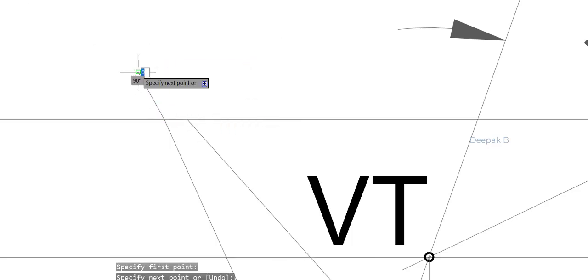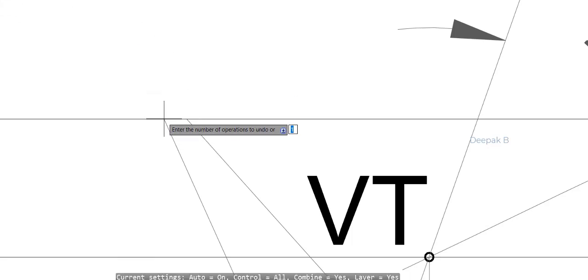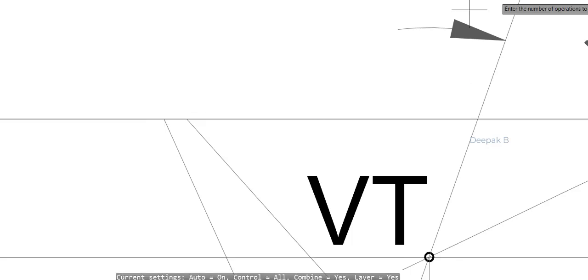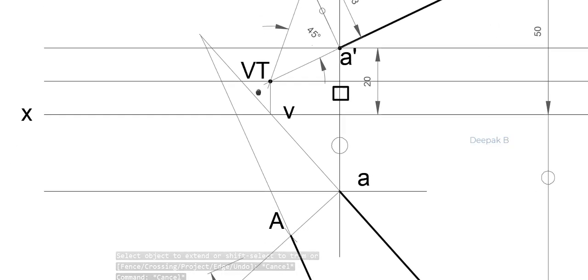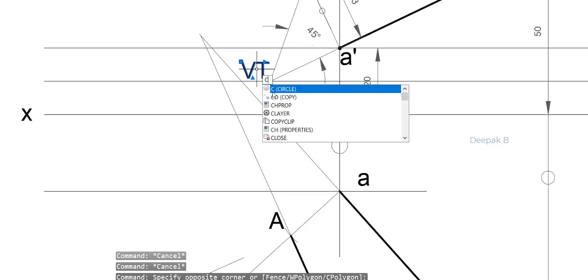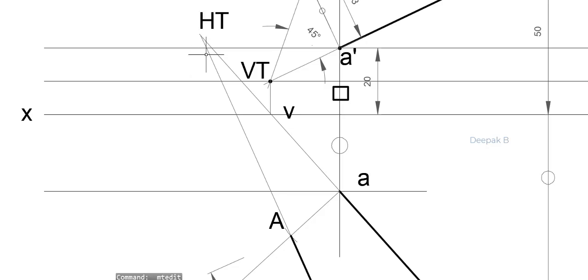Just extend this. Okay, so they have intersected at this point, and that point would be our HT, or the horizontal trace. Okay, let me just mark that point also.